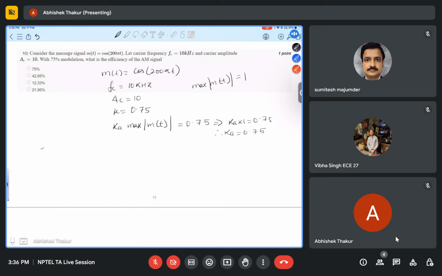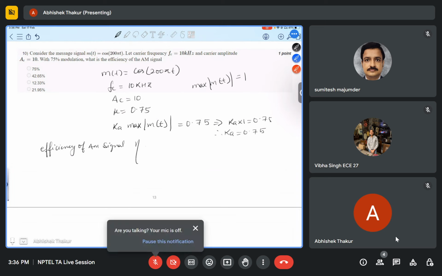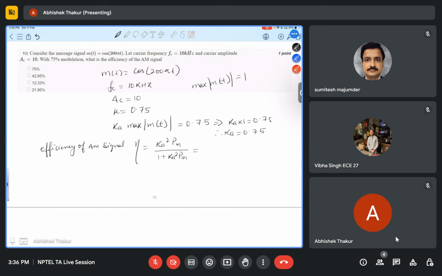Now the efficiency of the AM signal, eta, is equal to ka squared Pm by 1 plus ka squared Pm. So ka squared will be 0.75 squared, that is equal to (3 by 4) squared, so 9 by 16. The power of the message signal Pm is A squared by 2, that is half.